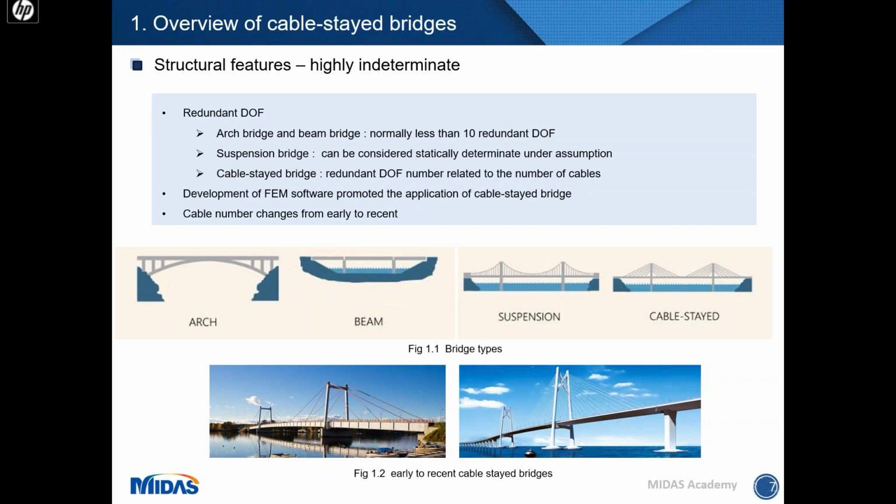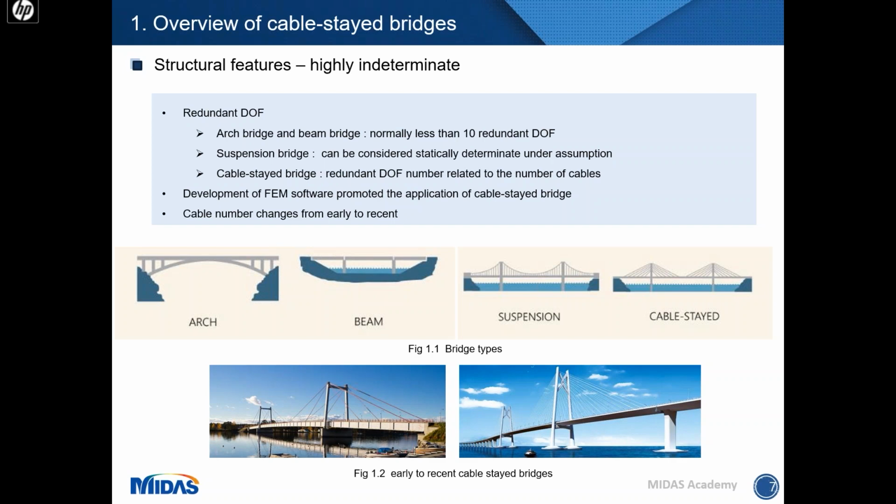Someone may say suspension bridge is larger than cable-stayed bridge, and there are many redundant DOF. Yes, that's true, but actually suspension bridge is not so difficult to calculate because we can make some assumption, so we can calculate the main cable.